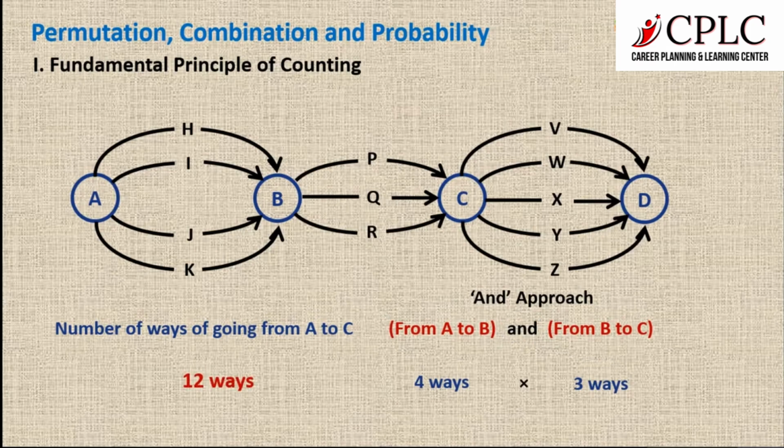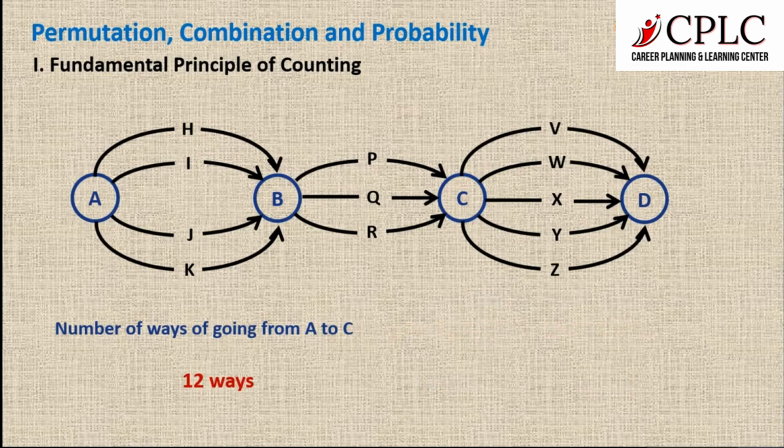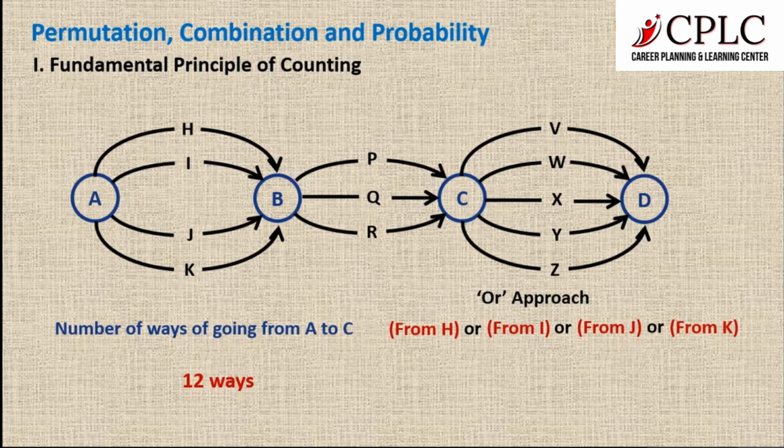Number of ways of going from A to C, and this we solved with the help of the AND approach. If we solve this with the help of the OR approach, you will get the same answer, but the process is slightly different. From city A to B, we are just going to use road H, and whenever they specify any particular road, you are only and only going to use that and nothing else.